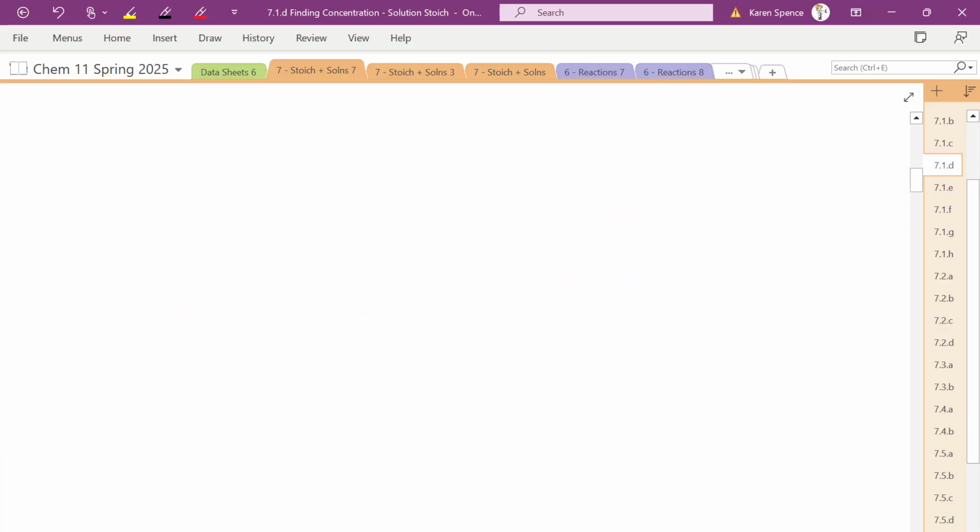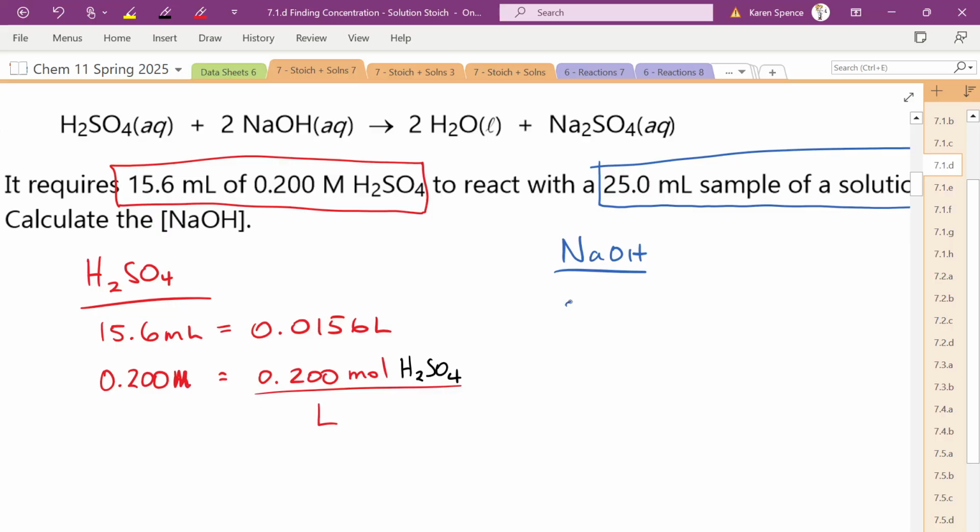So we have NaOH. And for that one, we know that we have 25.0 milliliters, which is 0.0250 liters. So who is substance A, who is our known, and who is substance B, our unknown?